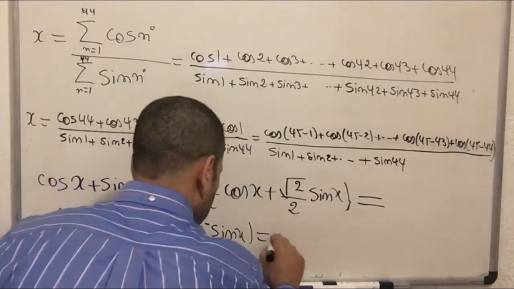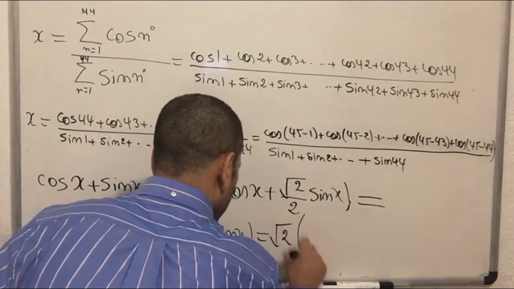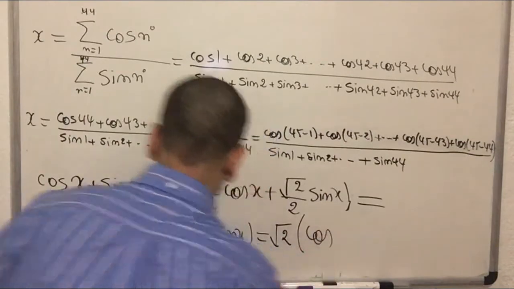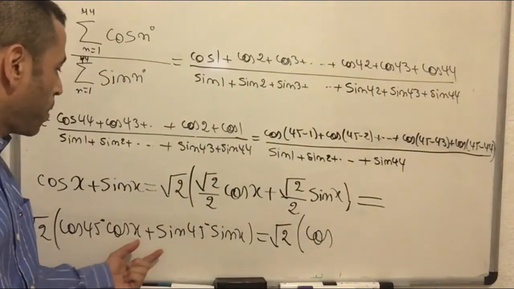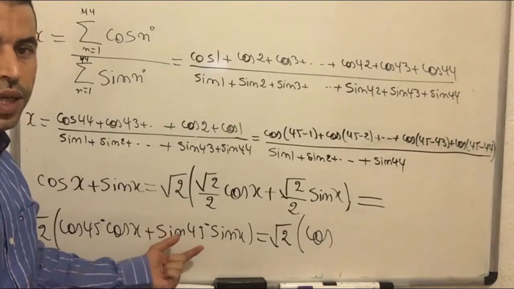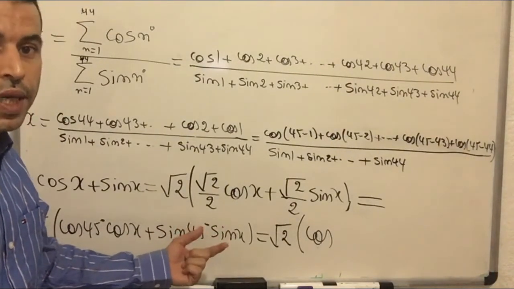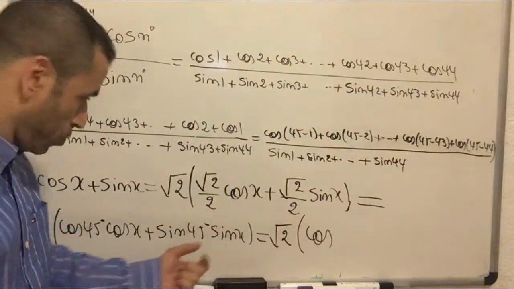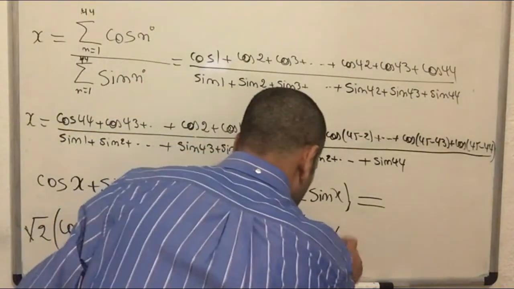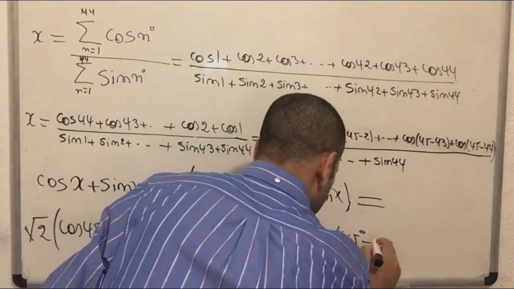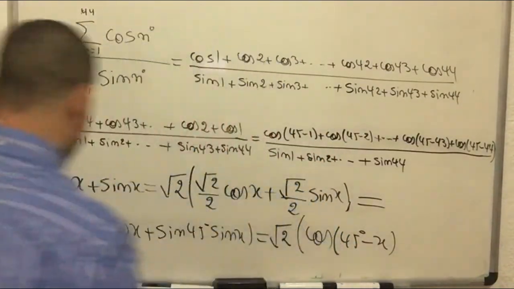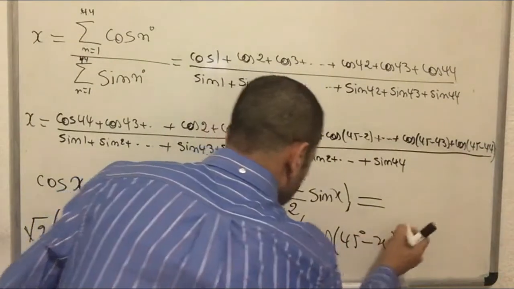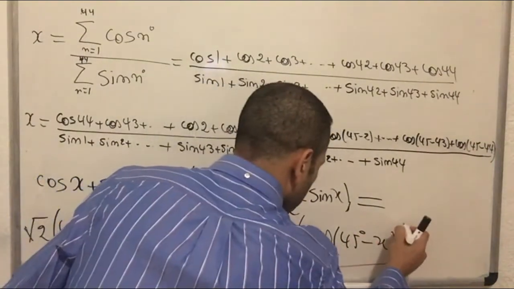This equals square root 2 multiplied by cosine, using the identity cosine A cosine B plus sine A sine B equals cosine of A minus B. So we get cosine of 45 degrees minus x. This identity is very important, and now I'm going to apply it to solve my problem.